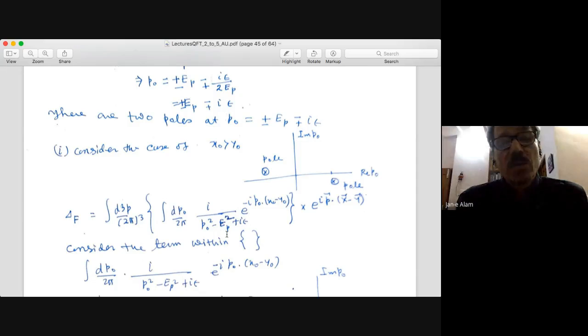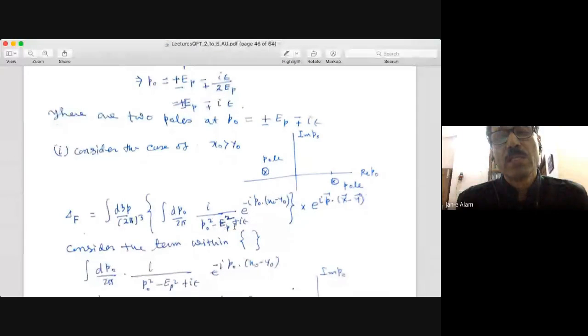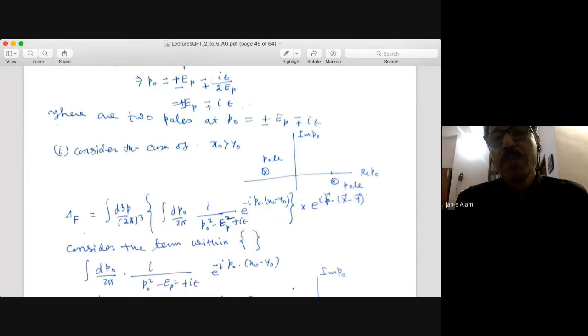So let us do this dp0 integration. I am just considering this d cube p over 2 pi cube, which remains. The dp0 over 2 pi, i over p0 square minus Ep square plus i epsilon, times e to the i p0 times x0 minus y0, into e to the i p vector dot x minus y vector.